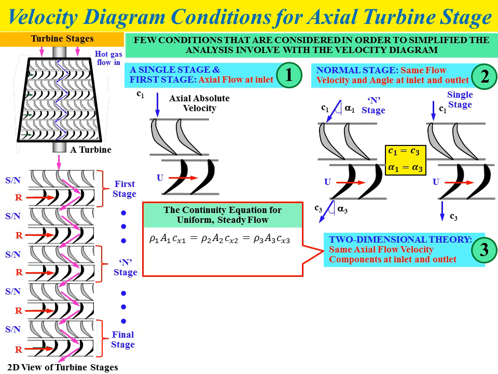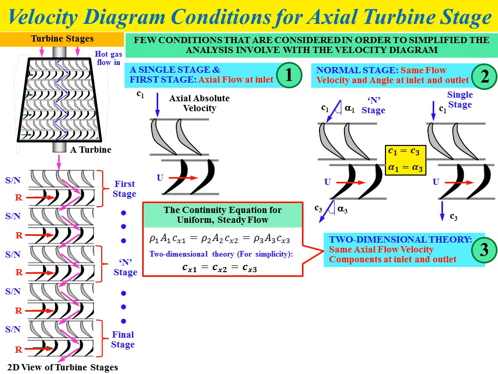So we have rho 1, A1 the cross section of the fluid, multiplied by Cx1 the axial flow component, equal to rho 2 A2 Cx2 equal to rho 3 A3 Cx3, based on the inlet of the stator, outlet of the stator, and outlet of the rotor. We implement the two-dimensional theory for simplicity, so we get Cx1, the axial flow component at condition number 1, equal to Cx2 equal to Cx3.